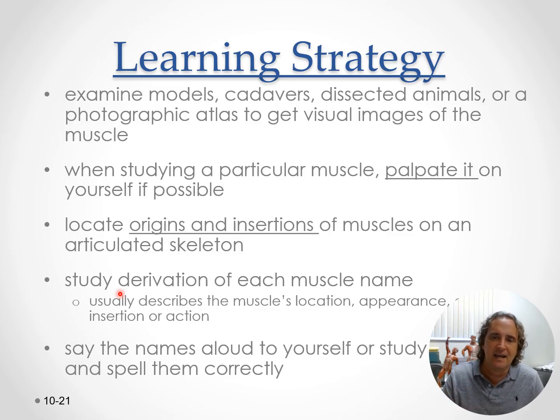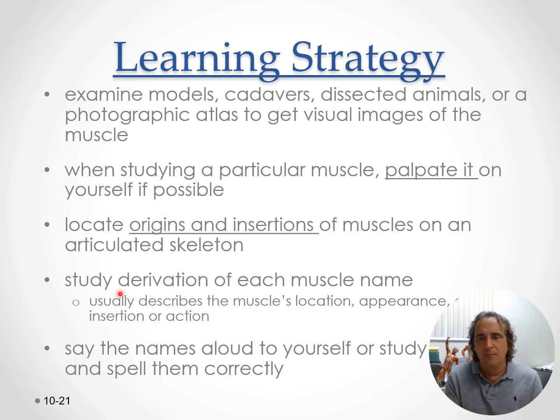So saying it out loud, writing it out, or typing it a couple times on a computer is another thing you can do to train your mind, train your hands, and use those muscles to spell those words. Spelling still does not count, but this is a good way because muscles have really strange names.